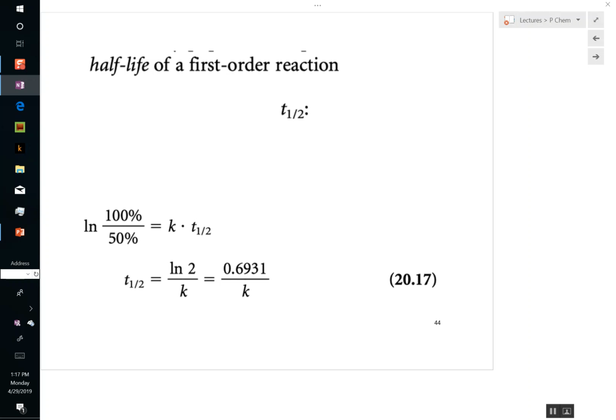At the half-life, you're at 50% of what you started out at. It's just a factor of 2. So half-life is ln of 2 over k, 0.6931 divided by the rate constant.